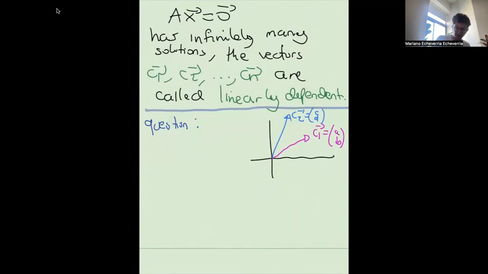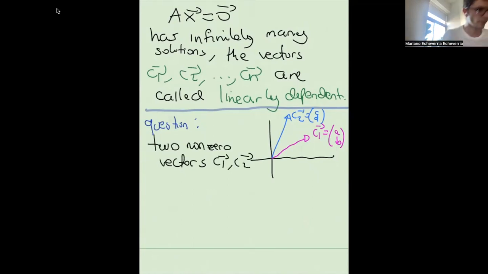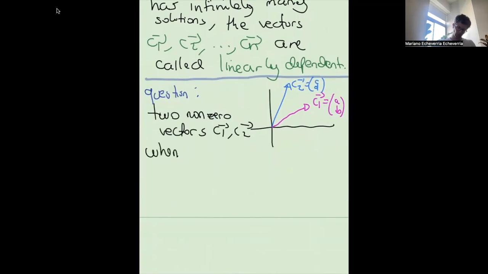So my question is, let's say you have two non-zero vectors, C1 and C2. When are these vectors linearly independent?